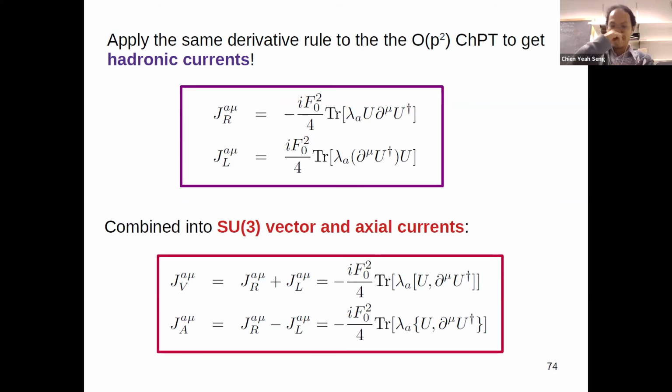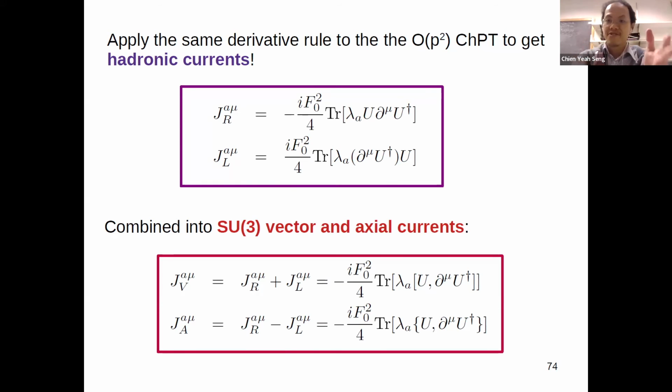Without going through the derivation, you can show that if you take such a derivative, you get the leading order prediction of the hadronic currents from the chiral Lagrangian. The left-handed currents are in terms of this trace of U and partial mu U dagger, and the right-handed current is similar. Then you can combine them into vector and axial currents, right? Plus gives you the vector current and minus gives you the axial current.